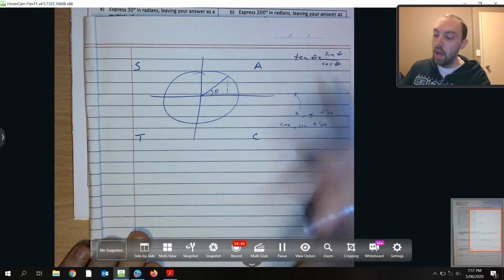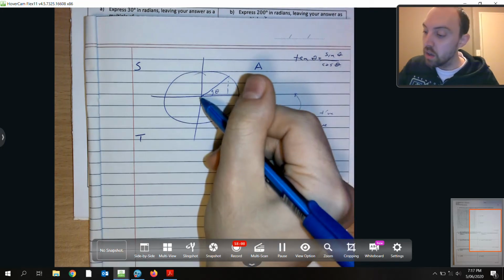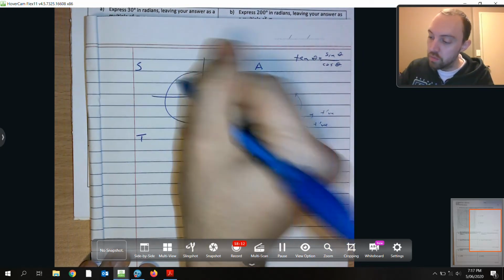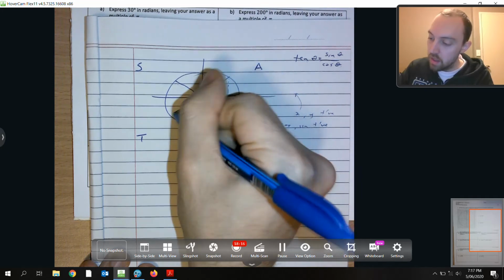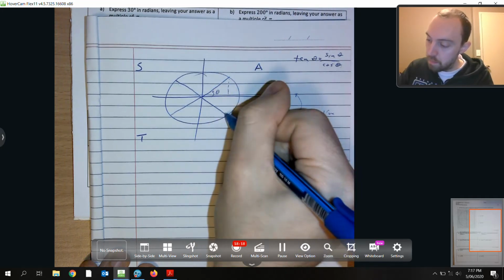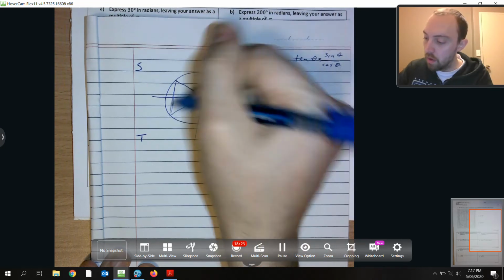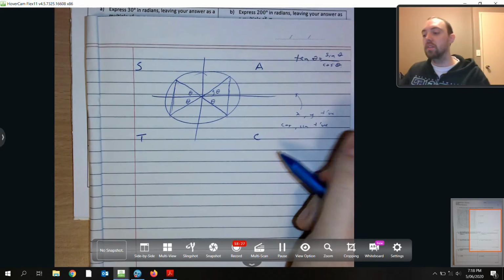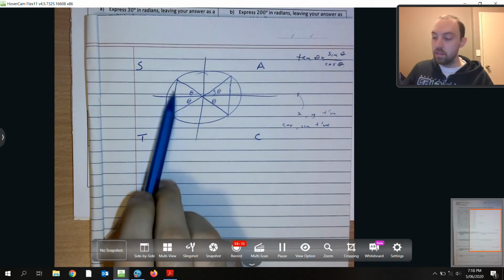Then from there, we are considering congruent triangles, always measuring the angle from the x-axis. Thinking about this bow tie, we've got 4 different triangles.